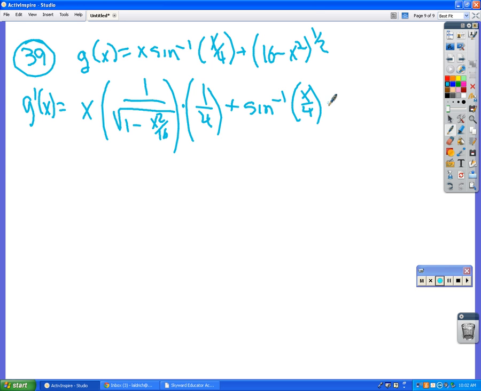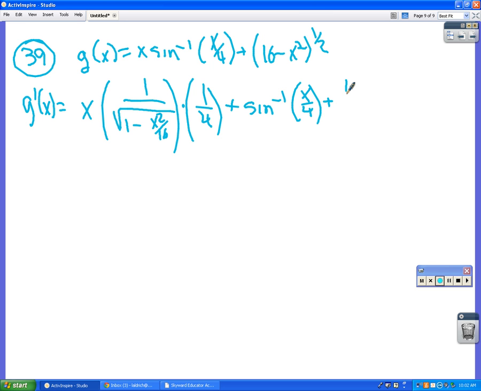And then we have to take the derivative of this. So 1/2 times 16 minus x squared to the negative 1/2 times negative 2x. Let's simplify it. Cancel. And then just plug in 2. Piece of cake. That doesn't look like that's going to be pretty, does it?